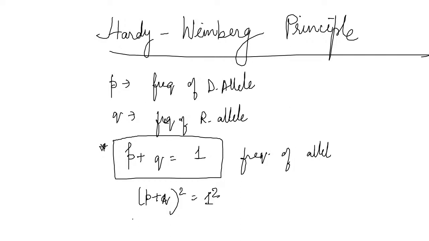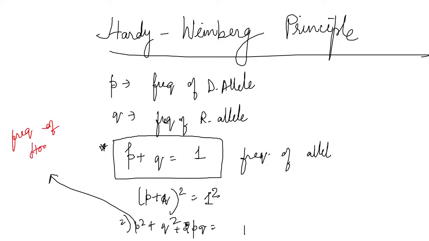Okay. Now what we can calculate is P squared plus Q squared plus 2PQ equals 1, right? What is this P squared? I'll clearly denote it. This is actually the frequency of homozygous dominant organisms.